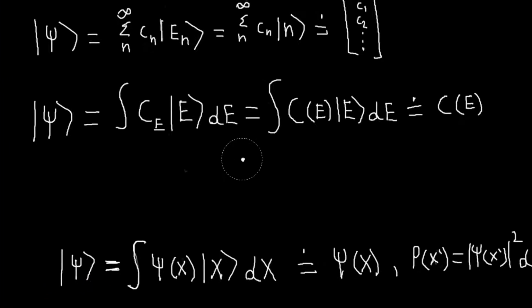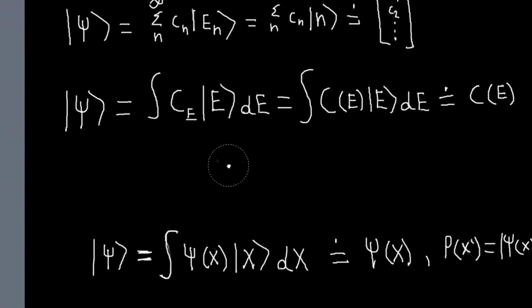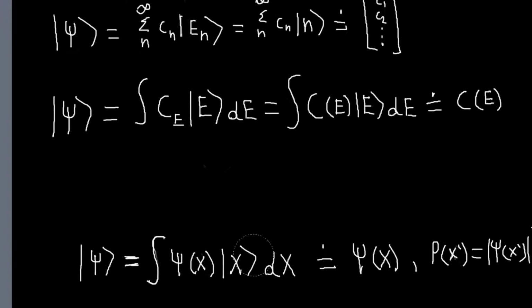Normally, we have it expanded in terms of the position basis. For the position basis, when I measure the position of a particle, I can measure it to be anywhere. So it is also a continuously infinite vector space.